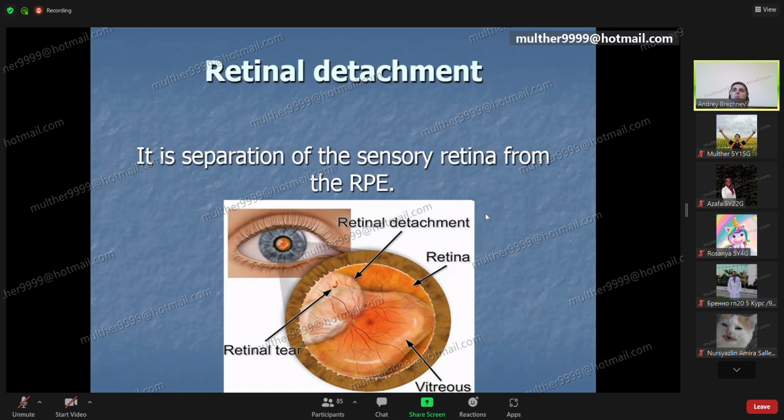Fluid may accumulate by three major mechanisms. It may escape from the vitreous cavity into the subretinal space through a retinal hole, tear, or break in the retina. This is called rhegmatogenous, primary retinal detachment.